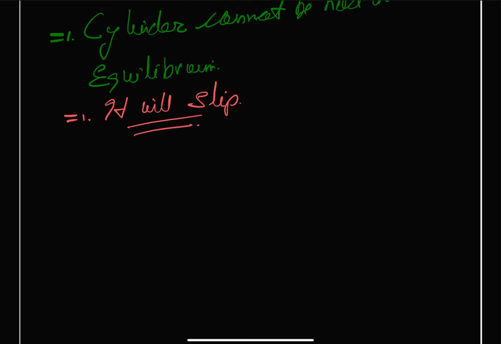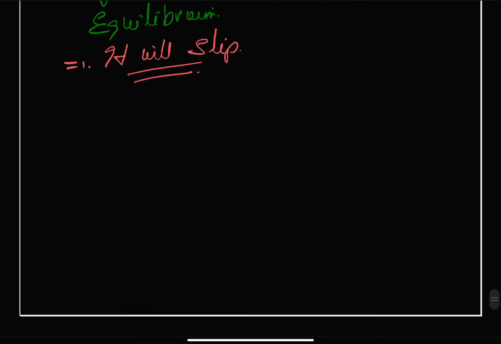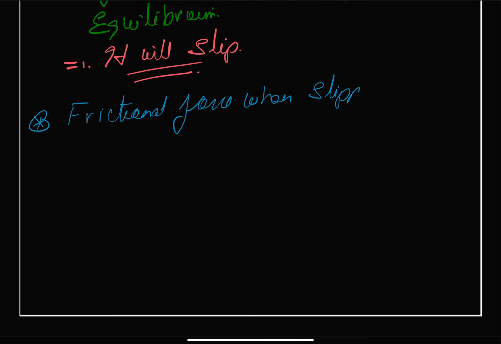Therefore, the frictional force when slipping occurs. Okay, and we know that when the cylinder starts to slip, the frictional force transitions to kinetic friction, because it is now slipping.